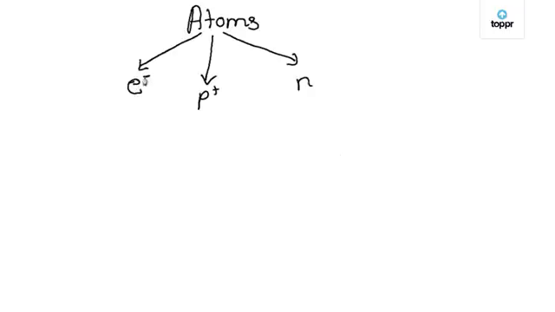Now electrons are negatively charged, protons are positively charged, whereas neutrons have no charge, they are neutral. Number of electrons and number of protons are always equal in an atom. That is the reason why an atom is electrically neutral. And because it is electrically neutral, the metals, non-metals and metalloids which are elements are also neutral because they are made up of neutral atoms.